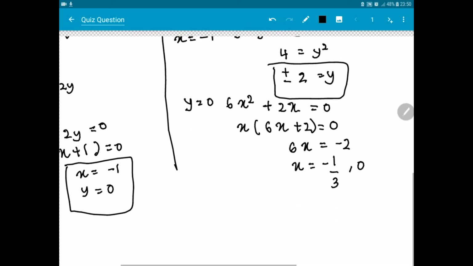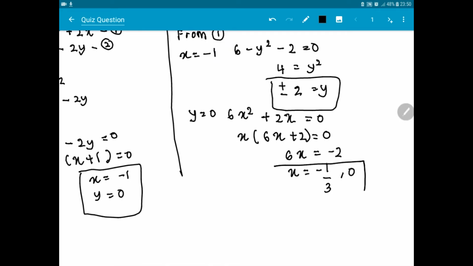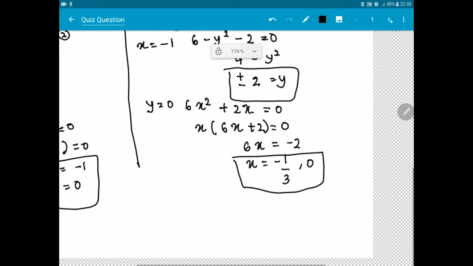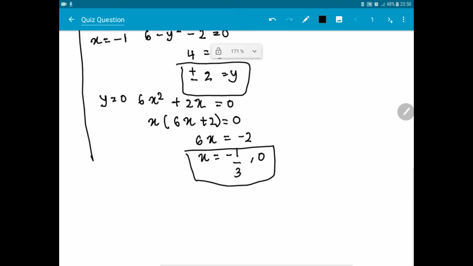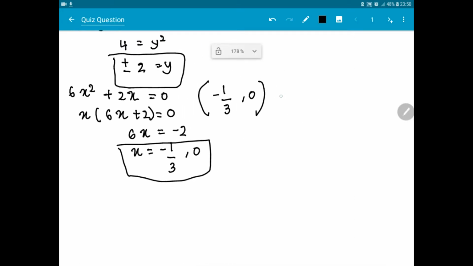So from these values we can find the coordinates, which are (negative 1 over 3, 0) and (0, 0).